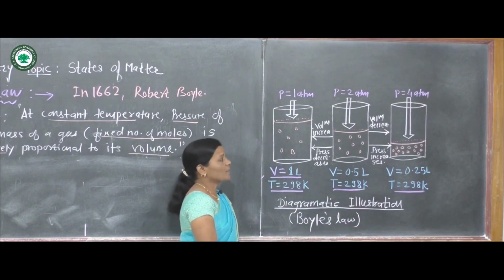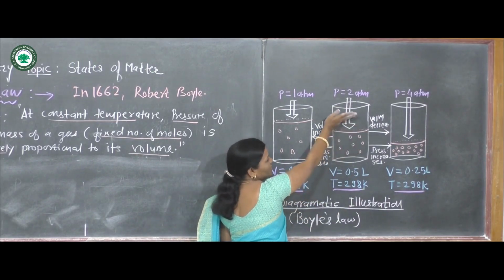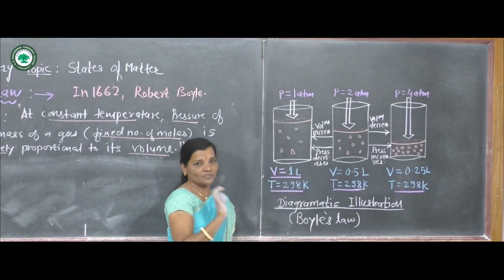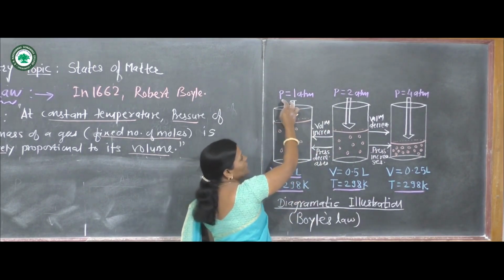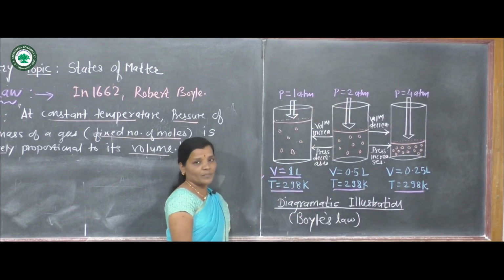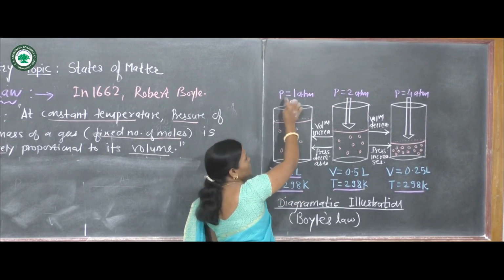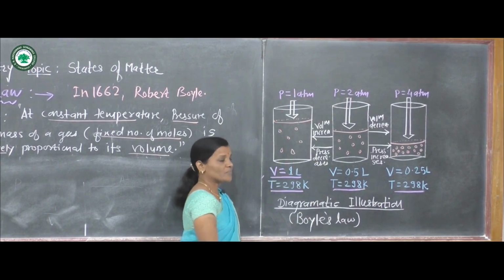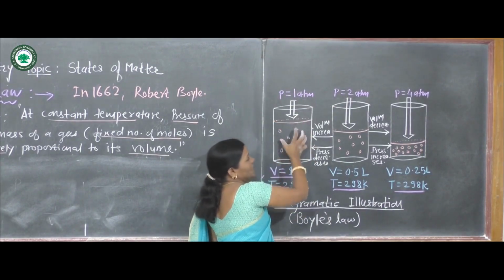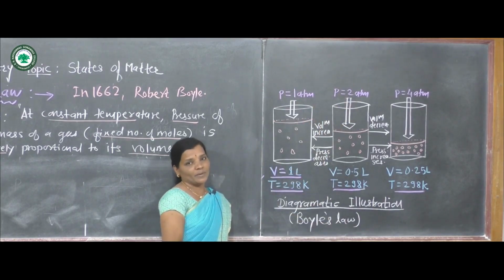Now what happens if pressure of this gaseous system is decreased by 1 atmosphere? Initially the pressure is 2 atmosphere. Now that is decreased by 1 unit, so pressure will become 1 atmosphere. This 1 atmospheric pressure is less than the 2 atmospheric pressure.